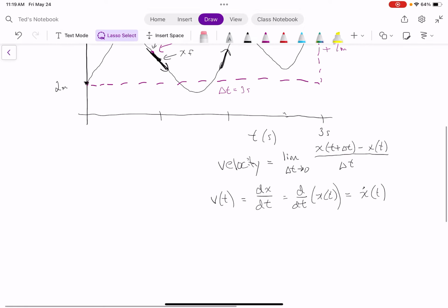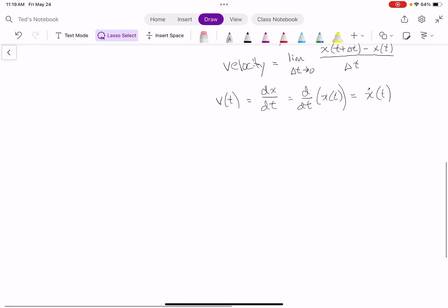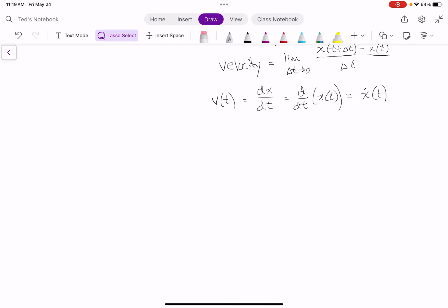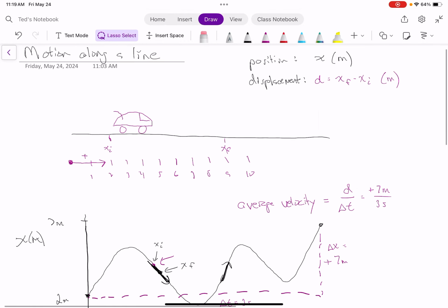Okay, last thing we need to talk about is acceleration. So if we have a moving object, it can move at a constant speed. If it's moving at a constant speed, its acceleration is 0. But it could also be speeding up, or it could be slowing down.